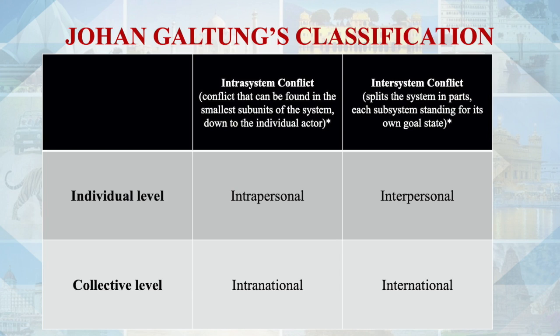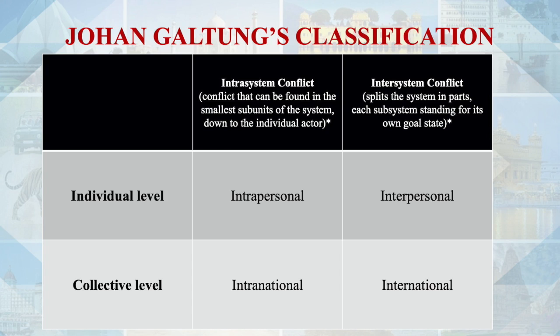Based on intra-system and inter-system conflict, we have four different classifications of conflict. When the conflict is at the individual level and it is intra-system, meaning within the system, then it is known as intrapersonal conflict. When the conflict is inter-system, meaning within the system but between two subsystems, and at the individual level, it is known as interpersonal conflict.